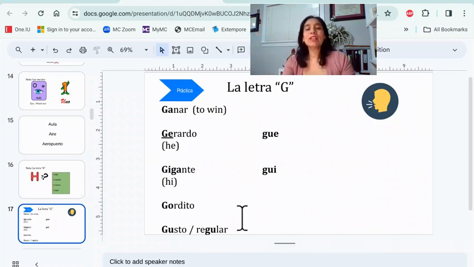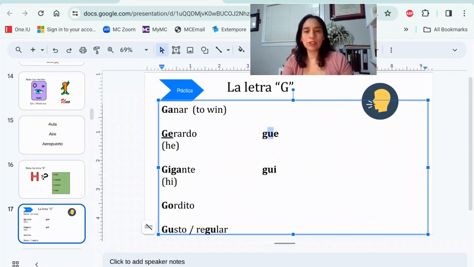Okay, so in order to get the hard G sound, we're going to need the help of the letter U. It is right here. Por ejemplo, in the word guerrero, that means warrior. So notice that here, in order to get the G sound, I need the help or the assistance of la letra U, guerrero.